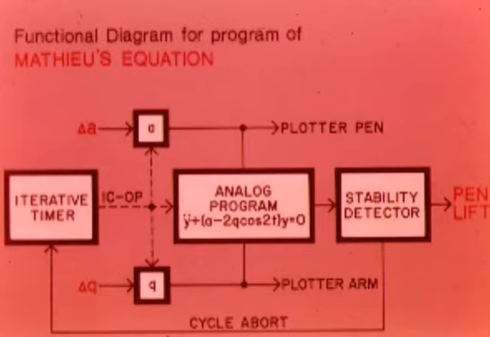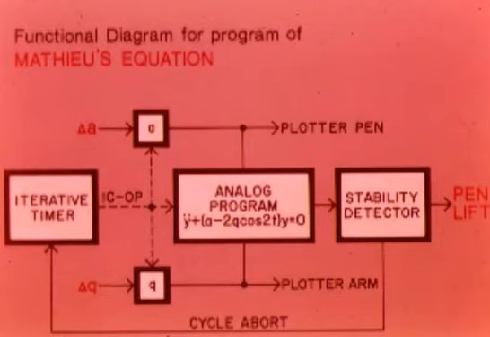The particular values of A and Q for each run determine the position of the plotter arm and pen. In the center block, the analog circuits are programmed to operate on the inputs according to Mathieu's equation. The output oscillations may be stable or unstable, depending on the values of A and Q.